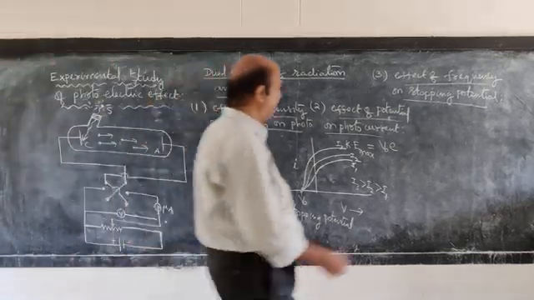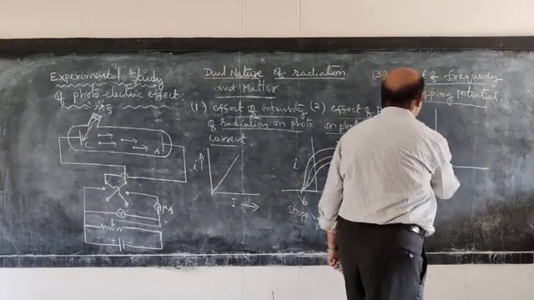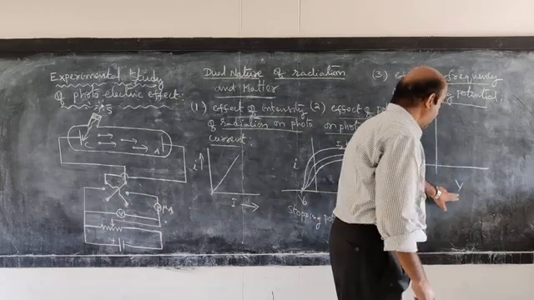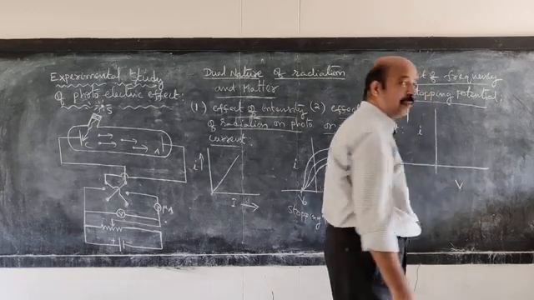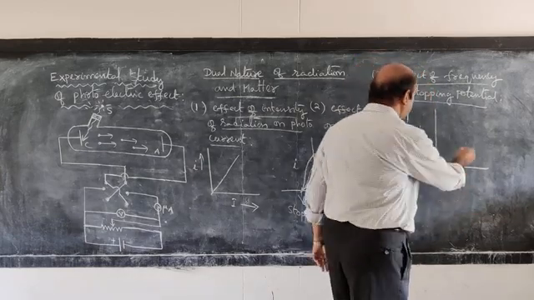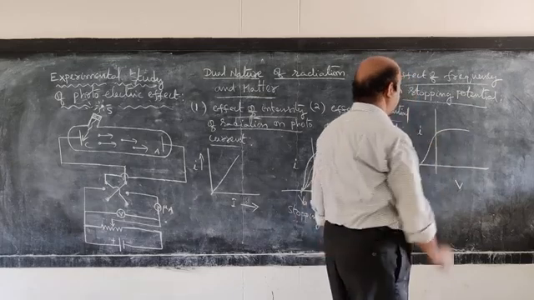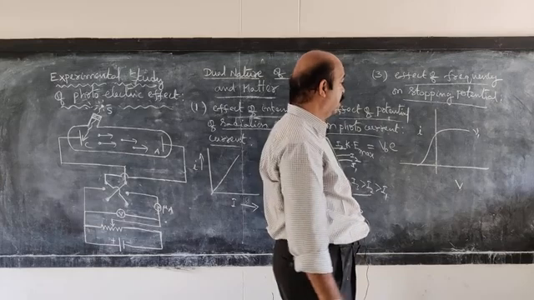So the graph is drawn between the photocurrent and the potential applied to the anode. As usual, this is for a given frequency and for a given intensity.